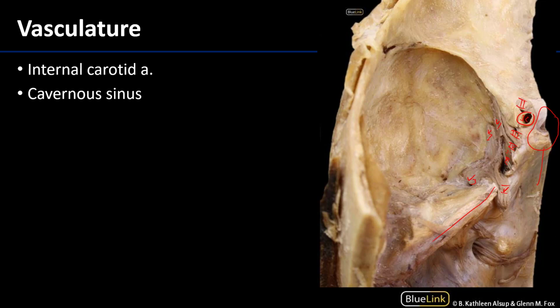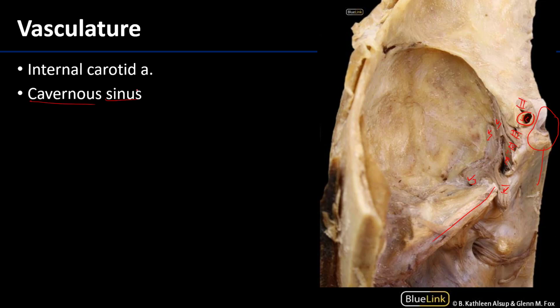So consider that the dura has been stripped away here, and specifically the meningeal layer of the dura has been removed here. So the wall of the cavernous sinus has been removed.